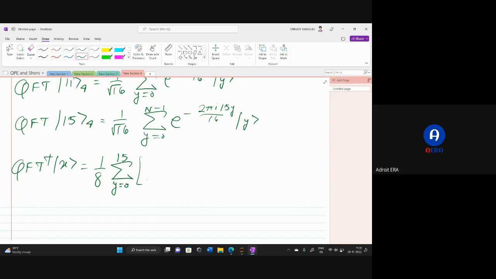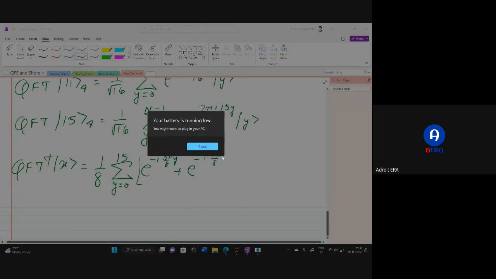So therefore we are going to get e to the power minus i 3 pi by 8 y plus e to the power minus i 7 pi by 8 y, okay?